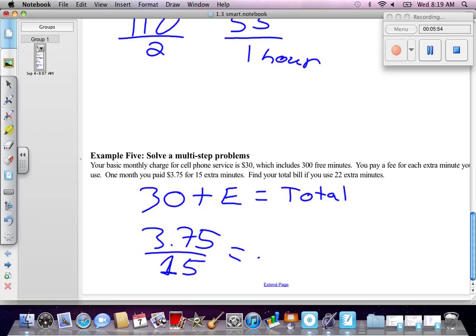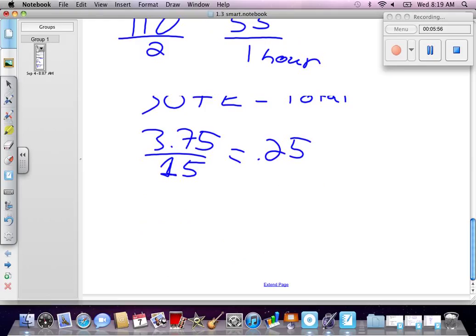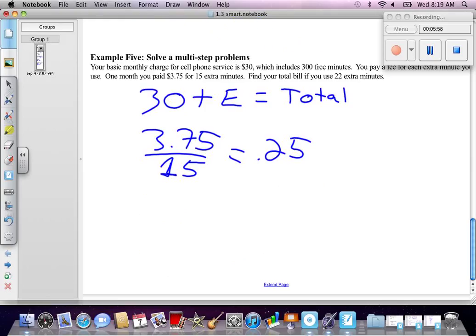So it costs a quarter for every minute. So I'm going to take 30 plus 22 minutes times 0.25 is going to give me my total, right? Because it's a quarter for every one of the 22 extra minutes, plus $30.